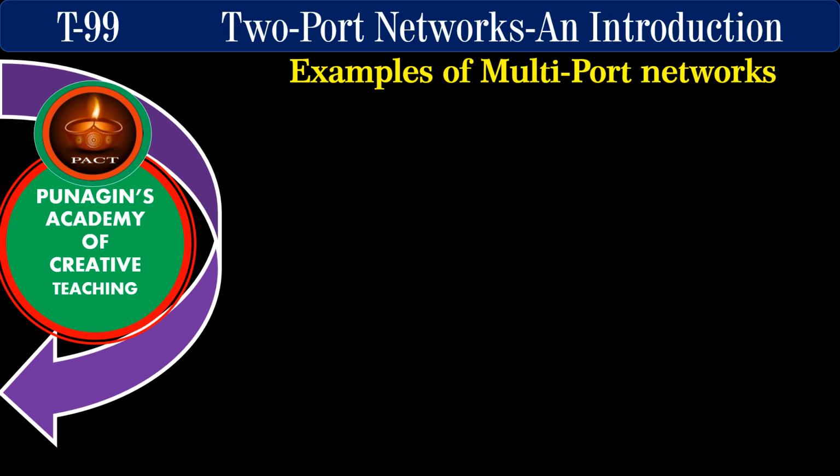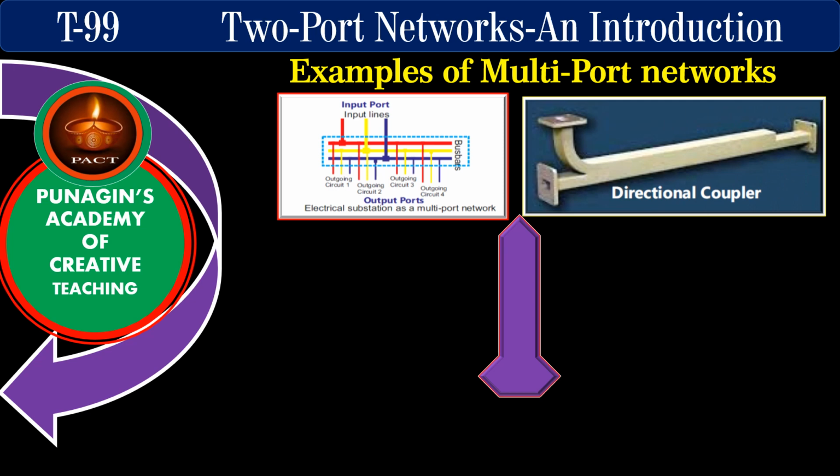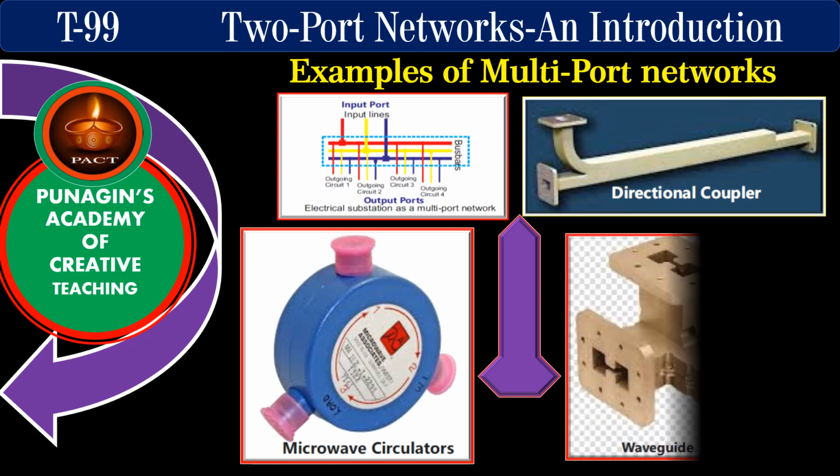Friends, here are some multi-port networks, and you see that an electrical substation can be represented as a multi-port network. It has one input port and a number of output ports. Similarly, the directional coupler can be represented as a multi-port network and it has three ports. Microwave circulator also can be represented as a multi-port network and it has three ports.